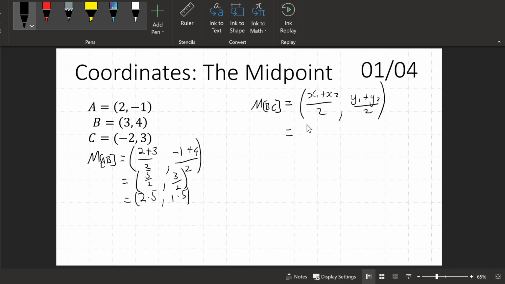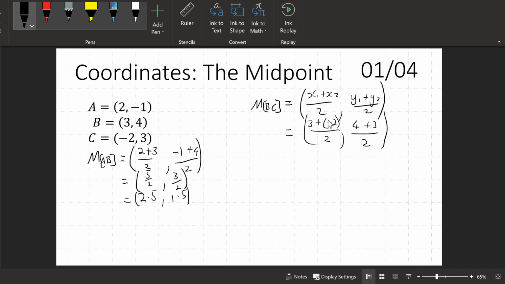x1 is going to be 3 here, so 3 here. x2 is going to be adding -2 here over 2. y1 is going to be 4 here. y2 is going to be 3 here over 2. Okay.